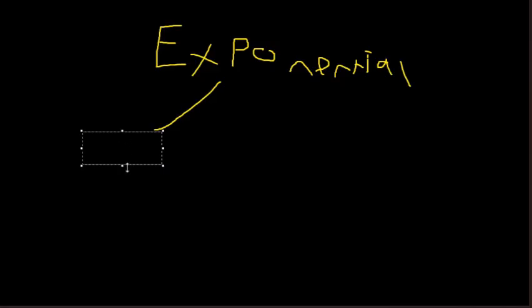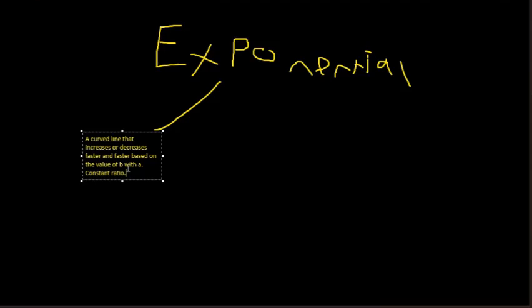An exponential function is a curved line that increases or decreases faster and faster based on the value of b with a constant. So unlike a constant slope, an exponential function has a constant ratio.